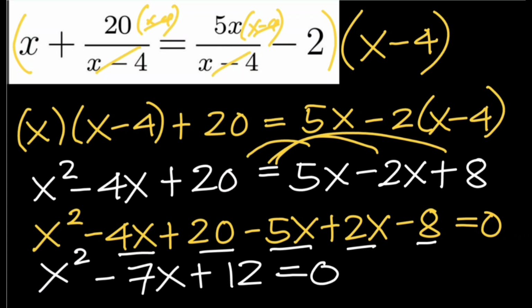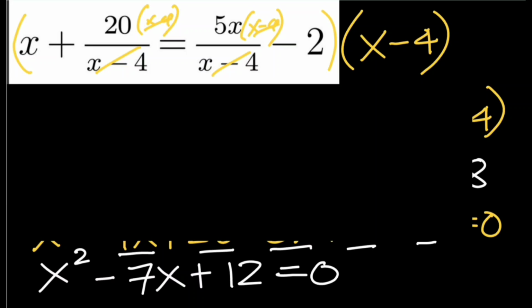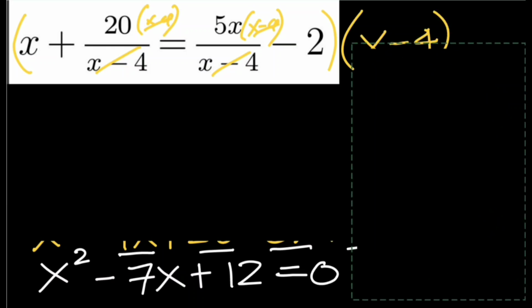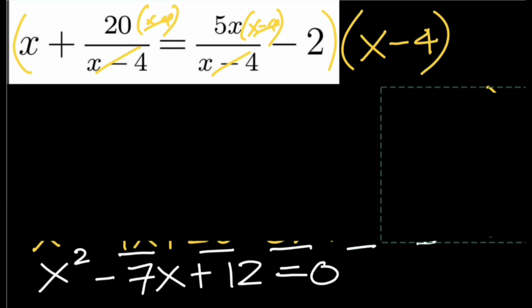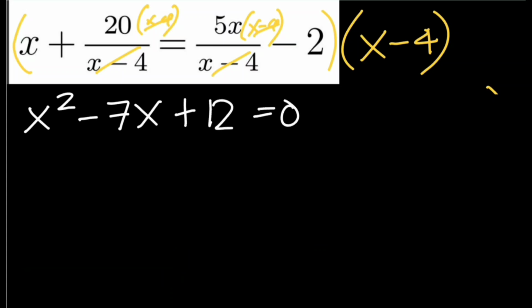Alright, so we have here a quadratic equation, x squared minus 7x plus 12 equals 0. So we just have to factor that. Now to factor this, we look for factors of 12 that when we multiply them, equal positive 12, and when we add them, equal negative 7.